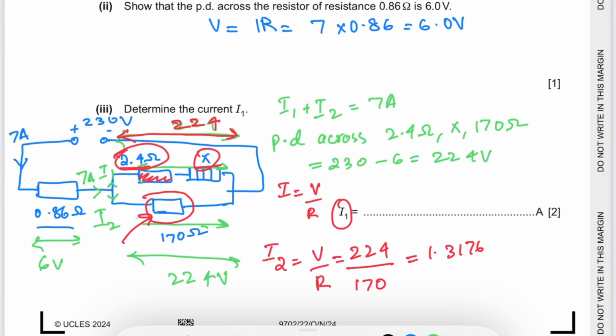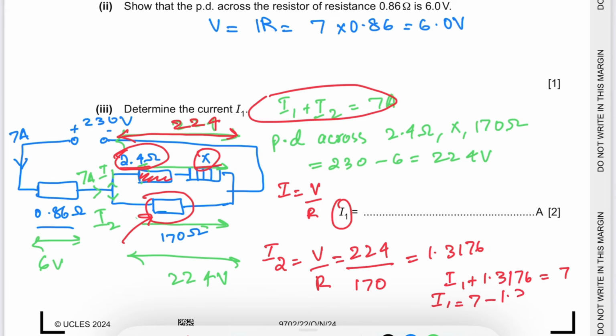Then using Kirchhoff's first law, I1 plus 1.3 is equal to 7 amperes, and so I1 is the subtraction of this portion from the total current, and that's going to be 5.7 amperes. The same current will flow through both of the components in the upper branch of the combined components in parallel.